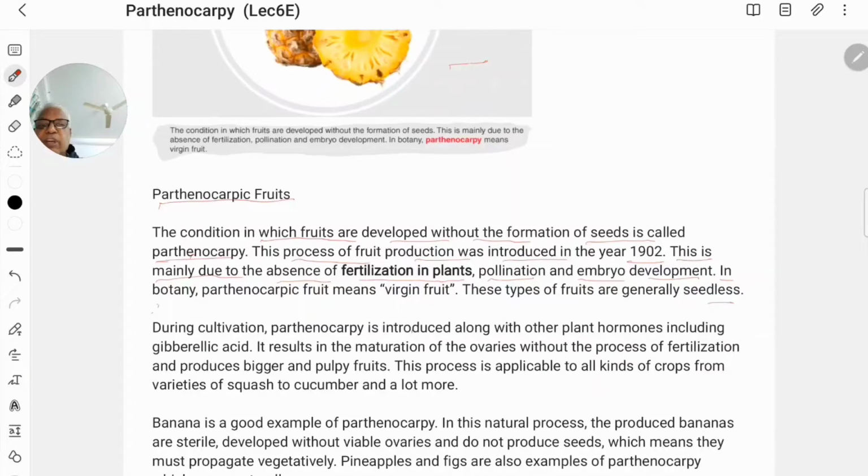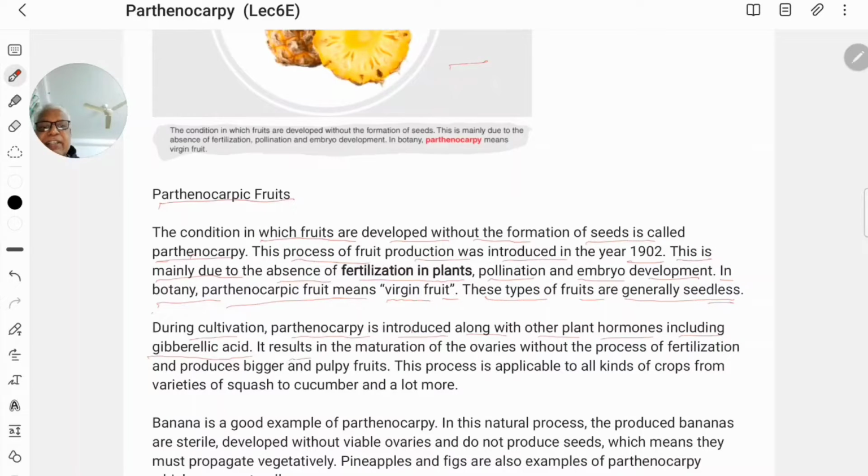And in botany, parthenocarpic fruit means virgin fruits. And these types of fruits are generally seedless. During cultivation, parthenocarpy is induced along with other plant hormones, including gibberellic acid.